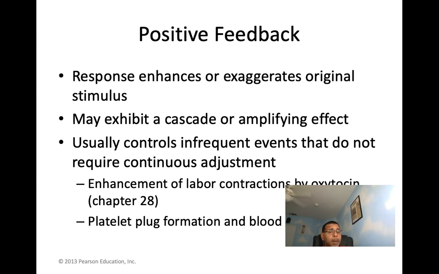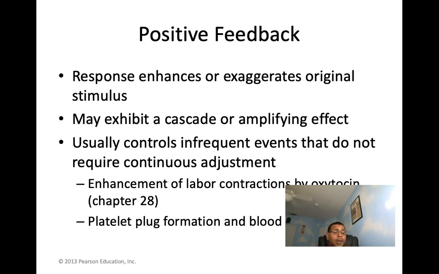Oxytocin is a hypothalamic hormone released by the neurohypophysis, the posterior pituitary, and it gets released in large amounts when you have distension of the cervix and uterus. Oxytocin intensifies labor contractions during birth.